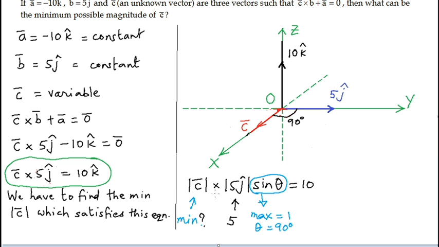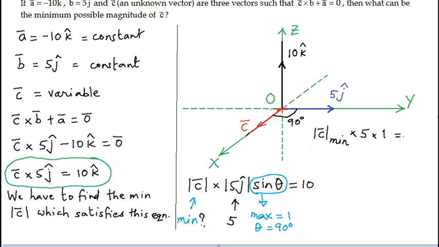For that, I am going to use this equation. I am going to write mod c bar, and since we know it's going to be the minimum value, I'll write a suffix min, multiplied by mod of 5j cap, which as explained earlier is a constant equal to 5, and multiplied by the maximum value of sine theta, which is of course sine 90 degrees, equal to 1.